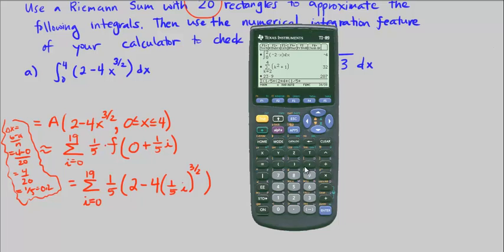Make sure to use this i and not the imaginary i. So 1 over 5i to the power of, and I'm going to put the power in parentheses, 3 over 2, because if I don't, it's going to just put to the power of 3 and then divide it by 2.